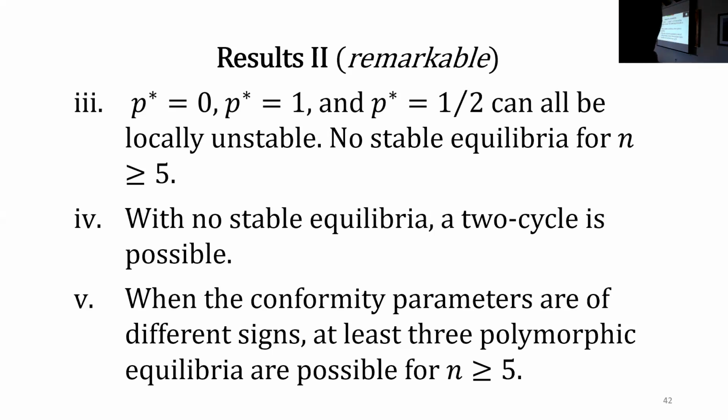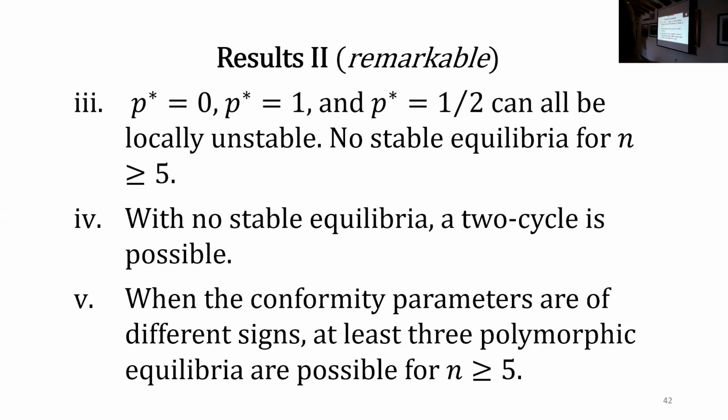Unsolved problem: can you get more than 3? We don't know that. We haven't discovered that in any simulation so far. Cycles are, of course, as I just showed you, possible. And as of last week, we found a very interesting property.